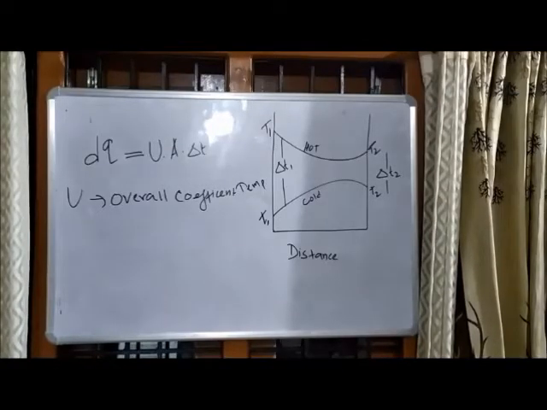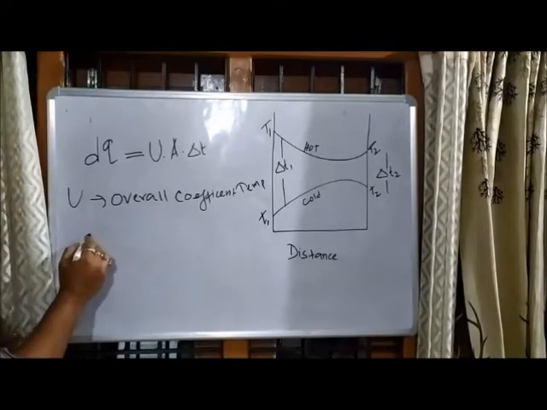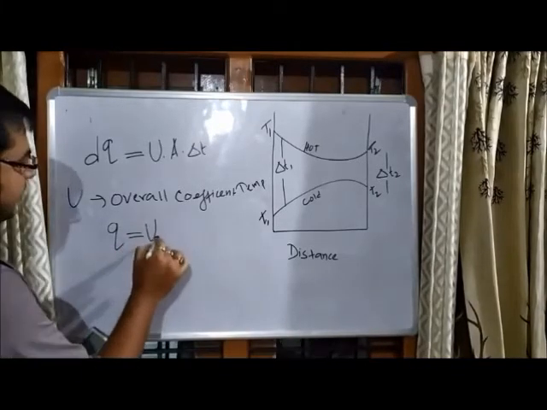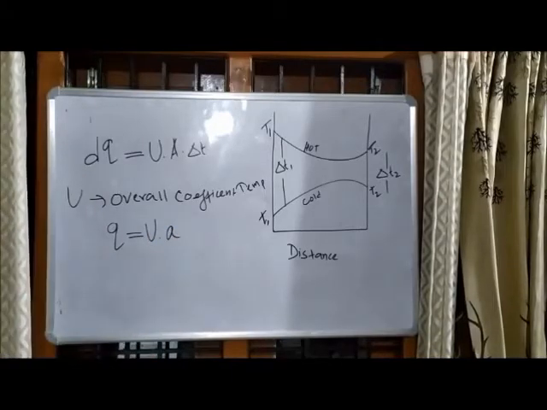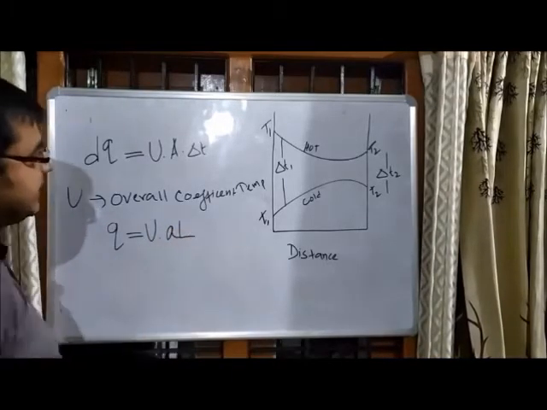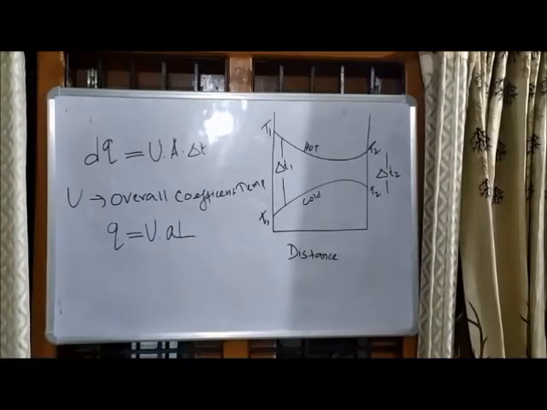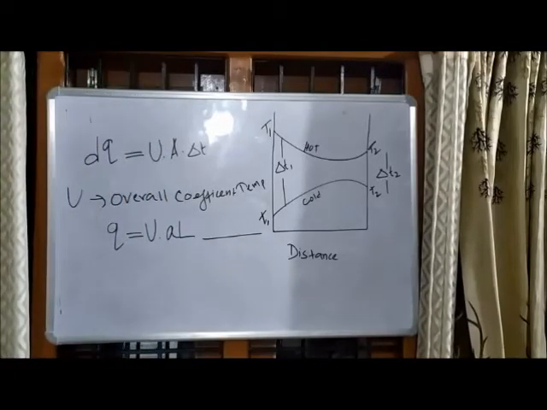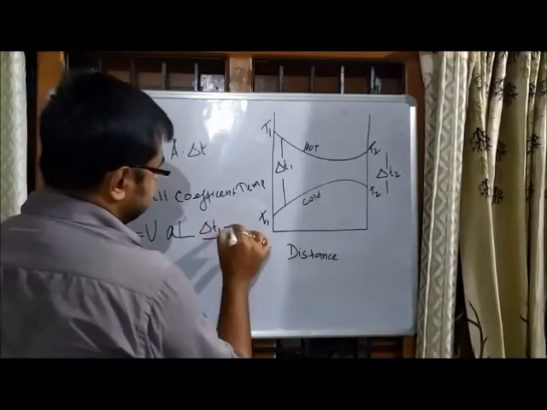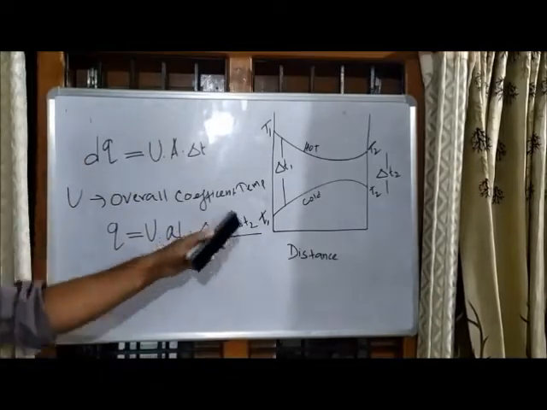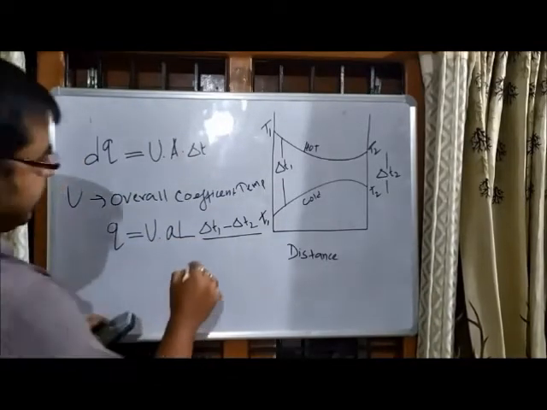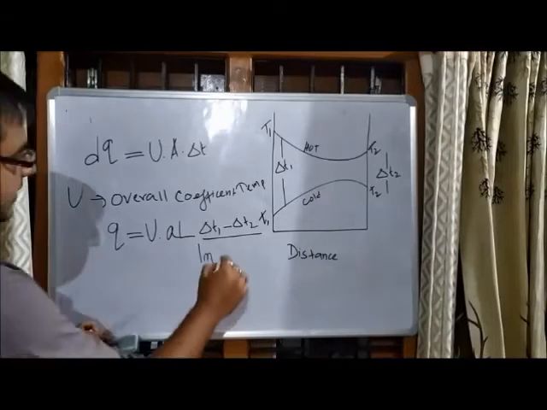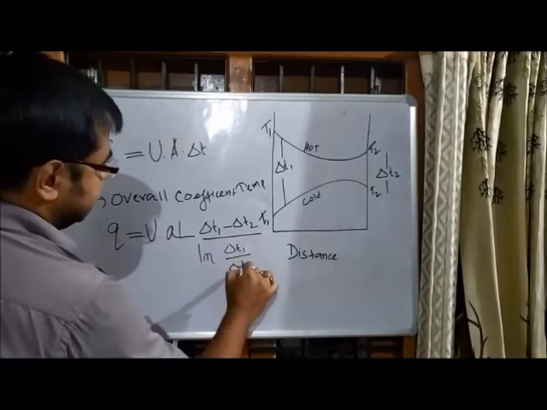Now this equation can also be modified. After integration, this can be written as Q equals U dot small a dot L, multiplied by delta T1 minus delta T2, divided by the natural logarithm ln delta T1 divided by delta T2.